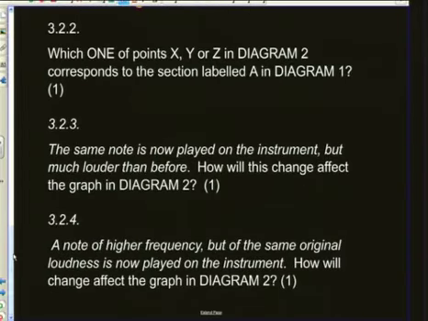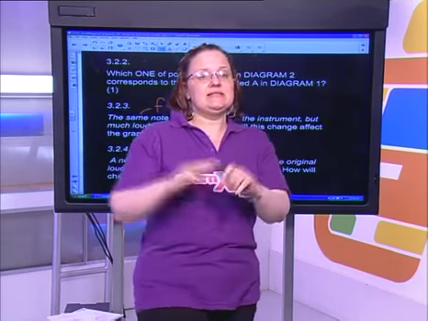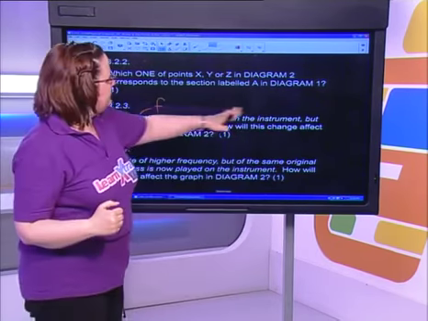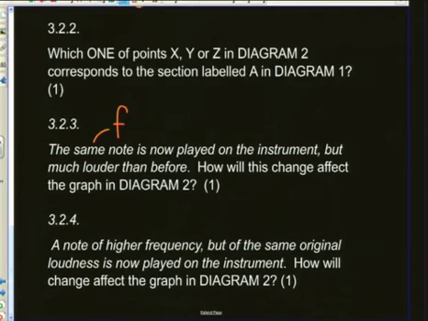Now, this is always the fun question. Now we've got to think carefully about what they say. They say the same note, that means same frequency. Same note means it has the same pitch, same frequency. Is now played on the instrument, but much louder.